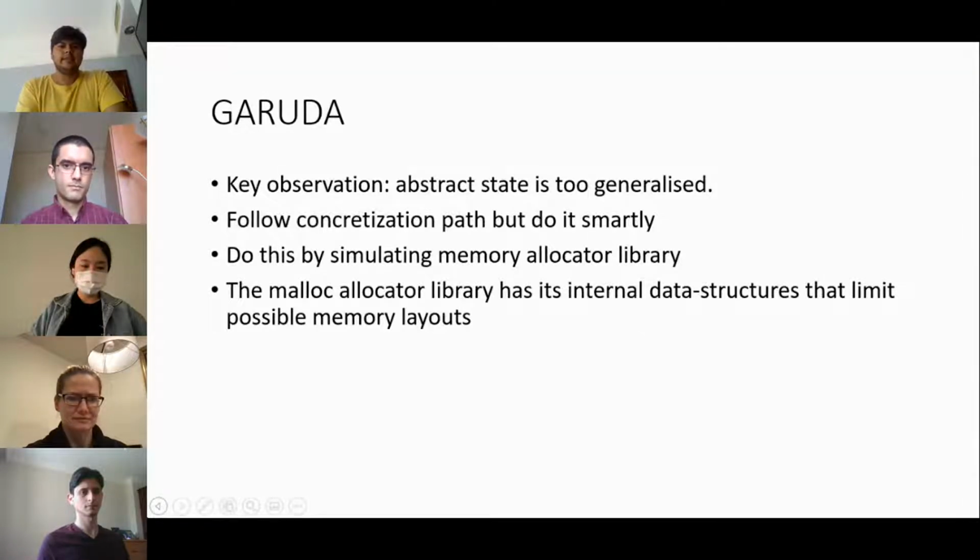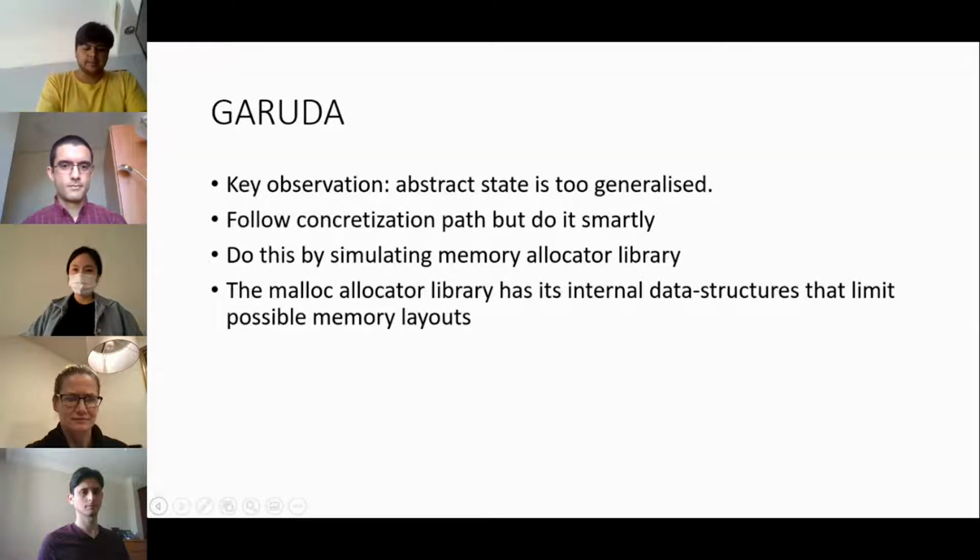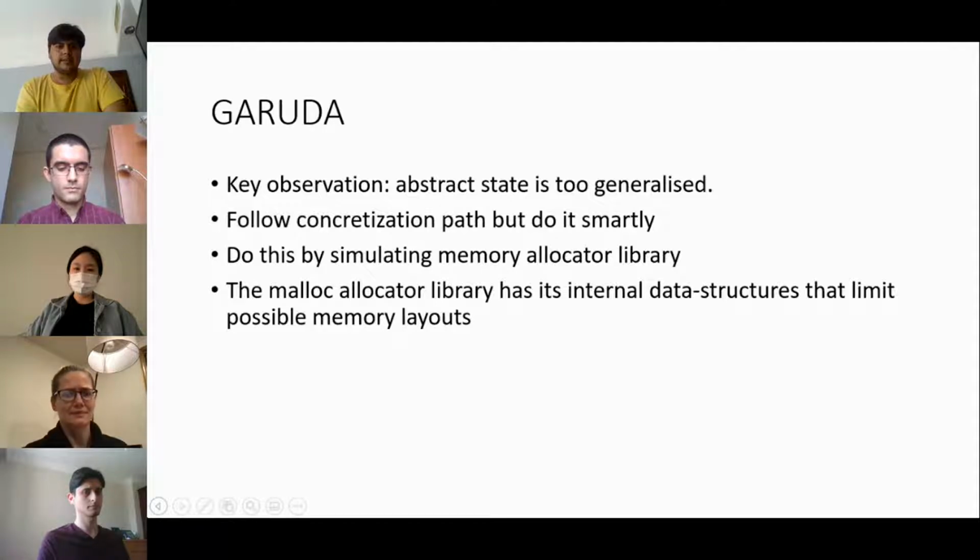In the symbolic state, we store the state of the memory allocator library as well. The malloc allocator library has internal data structures that limit the possible memory layouts, and thus limit the states that we have to check. It is still an incomplete analysis because we are concretizing and theoretically not considering all the possible layouts. But it's a reasonable thing.